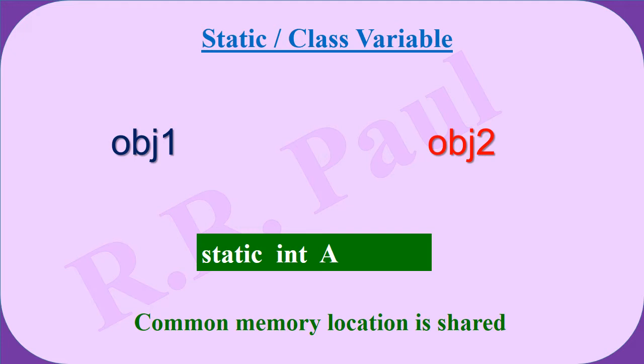So, if through object 1, obj1, we store 100 in variable A, and through object 2, that is obj2, we store 200 in integer type variable A, which is also static, then the latest value will be retained in that variable because the changes are being made at the same common memory location.